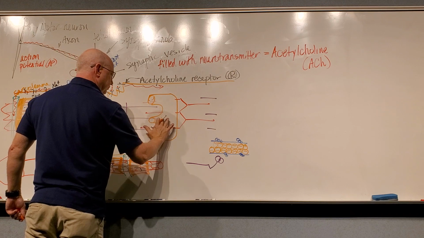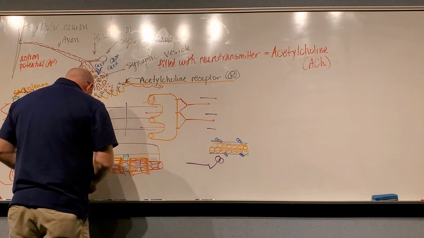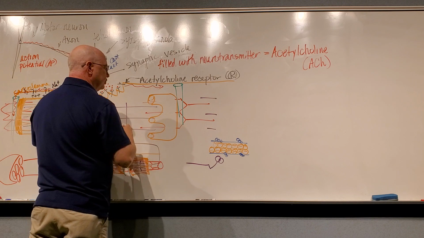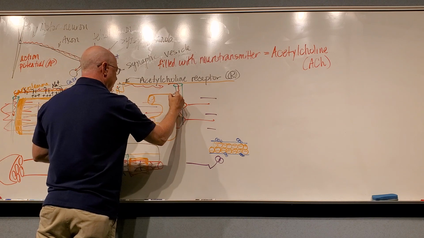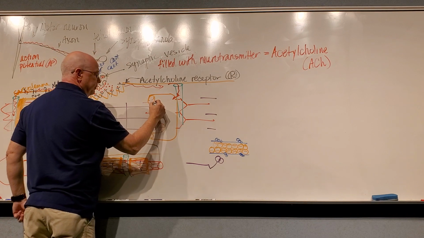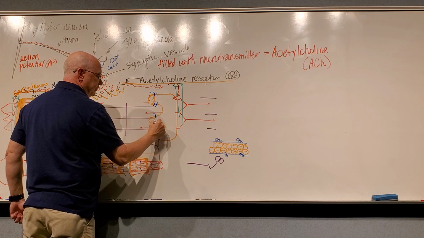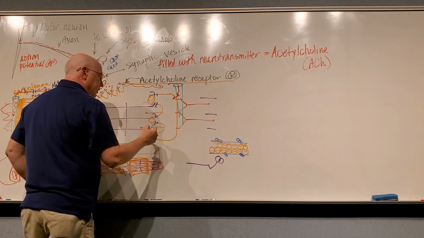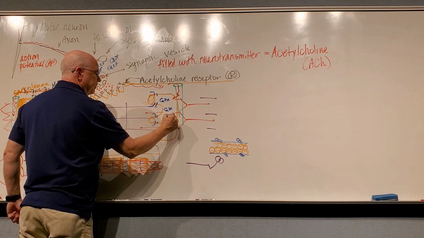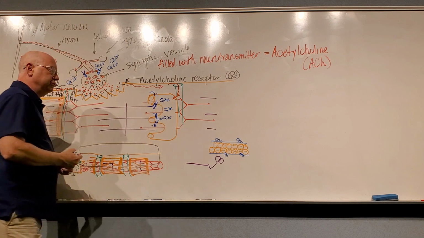So, when the voltage travels down the T-tubule here and shocks the sarcoplasmic reticulum, the sarcoplasmic reticulum has in its membrane calcium channels. And when the voltage hits these calcium channels and they open, all the calcium ions that are stored in the sarcoplasmic reticulum are going to be able to diffuse out into the cytosol of the skeletal muscle cell.